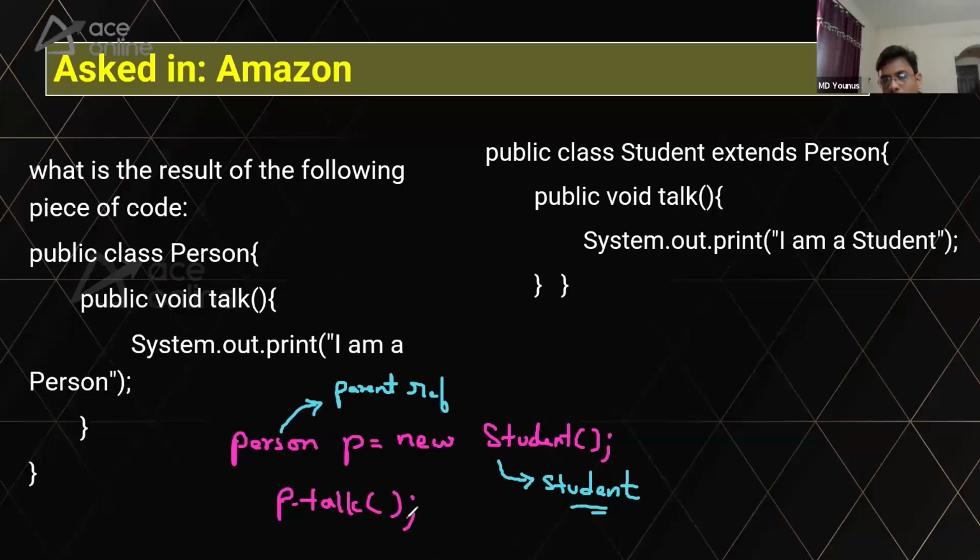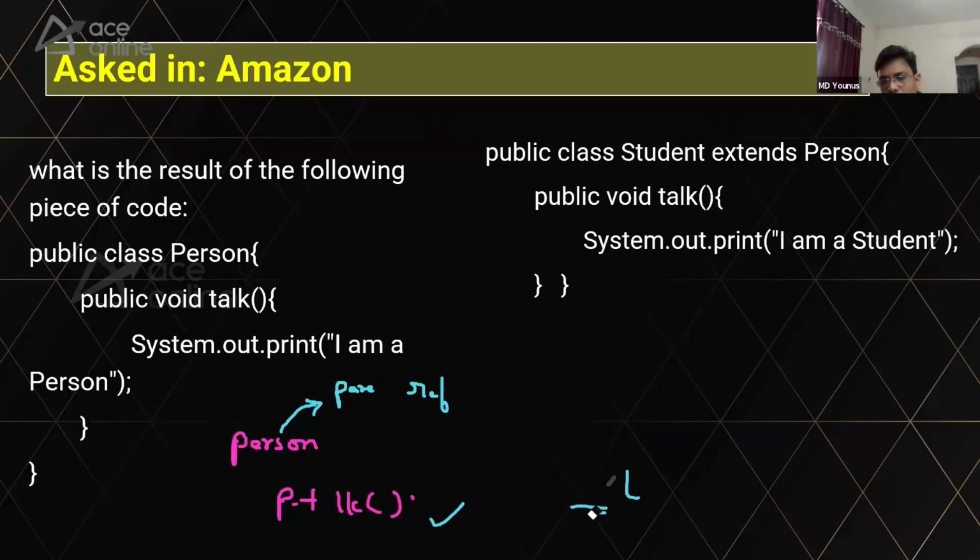So when I say p.talk, then it will print I am student, because it will be a student object. And why it is called runtime polymorphism, or this concept is also called upcasting. We will see that in detail.